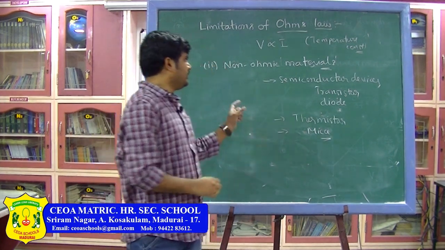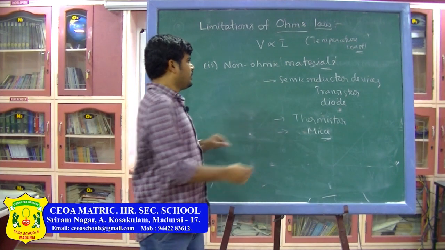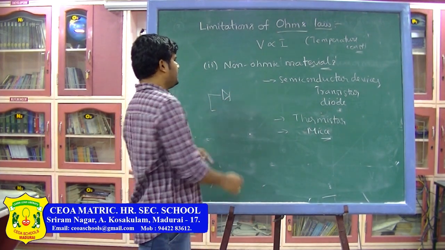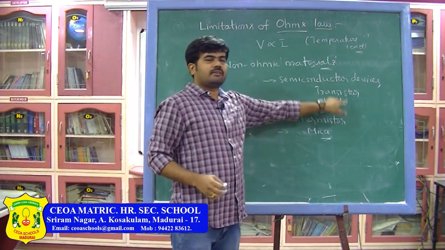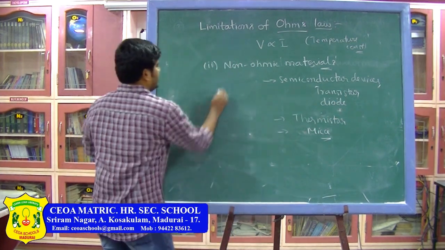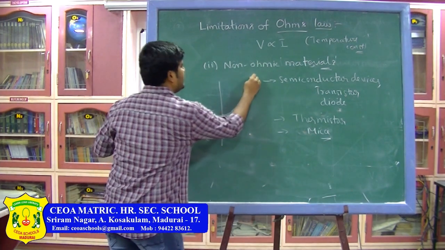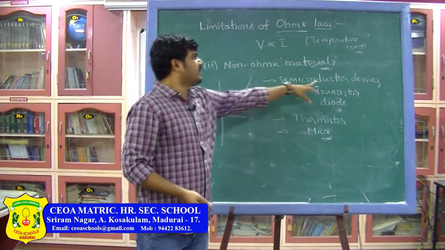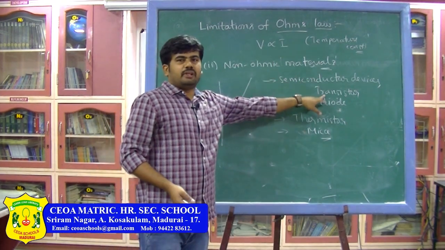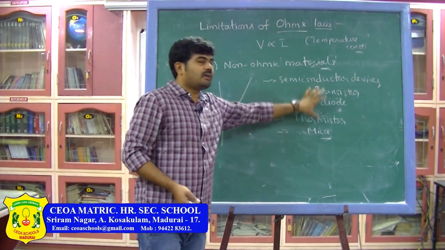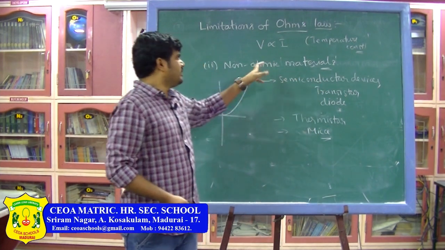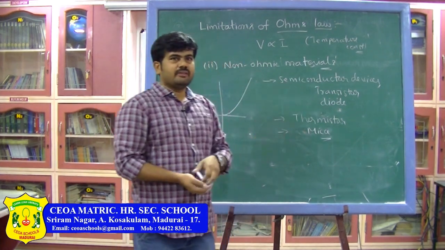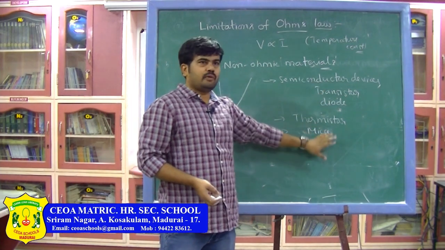That means when you apply a potential to a diode, for example, a diode, which we are going to discuss later, and take the current versus voltage graph for the diode, it will be like this. It will not be a linear relation, it will be a curved relation. That means here current is not directly proportional to potential difference for all these materials. That means they are not obeying Ohm's law. That is why we can say Ohm's law is not a universal law. It has many limitations, and these materials will not obey Ohm's law.